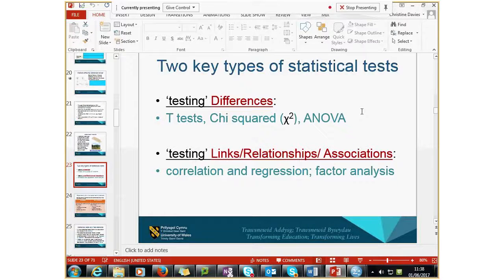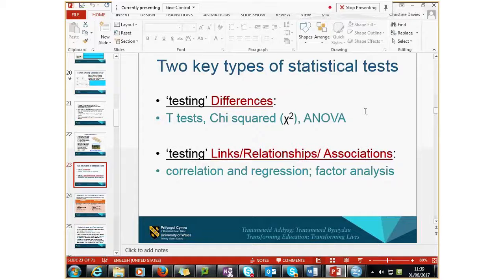This video clip follows on from the previous one and looks at the data that we entered into SPSS last time and starts to analyse it. What we will do in the statistical analysis this time is to look for differences.